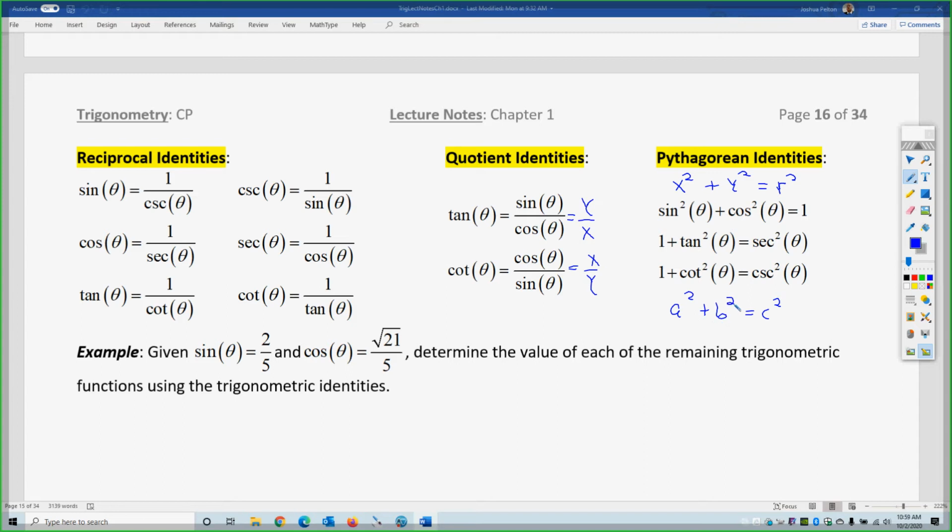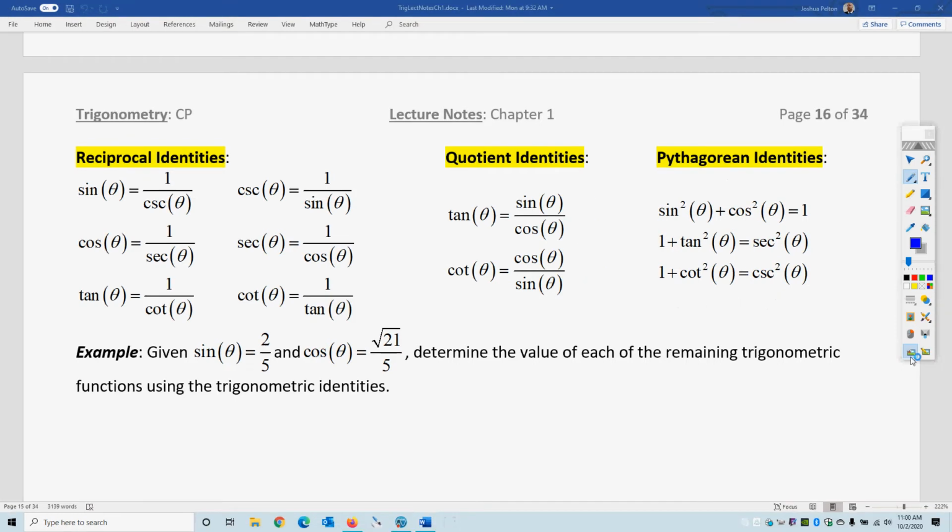Alright, so we're just swapping out those x's and y's for sines and cosines, and we're swapping out the radius for 1. Okay, and I did the equivalents for tangent, secant, cotangent, and cosecant. So between all of those, you can figure out all of the trig values from a limited set.